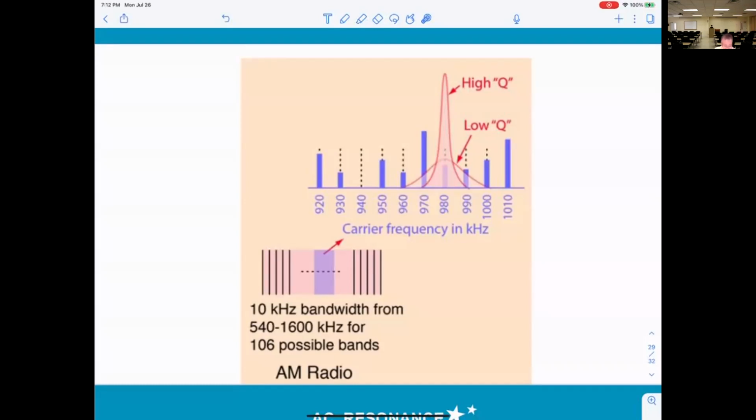You tune AM on your radio every day. That's why I'm giving you a little detail here. Can you tell me the difference between high Q and low Q?